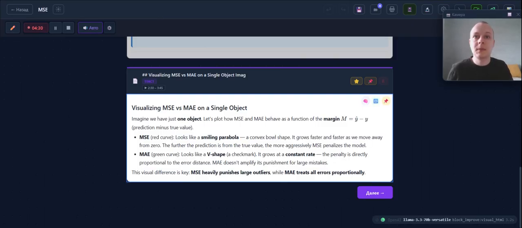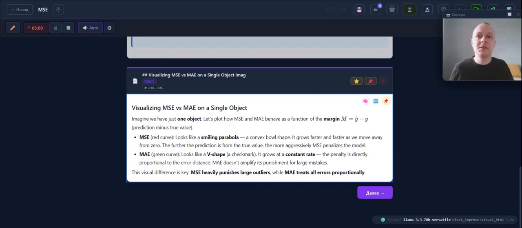So it doesn't matter how far we went, how big our error is, for MAE the penalty always penalizes us the same way, proportional to the error distance. So MAE doesn't amplify its punishment for bigger mistakes.